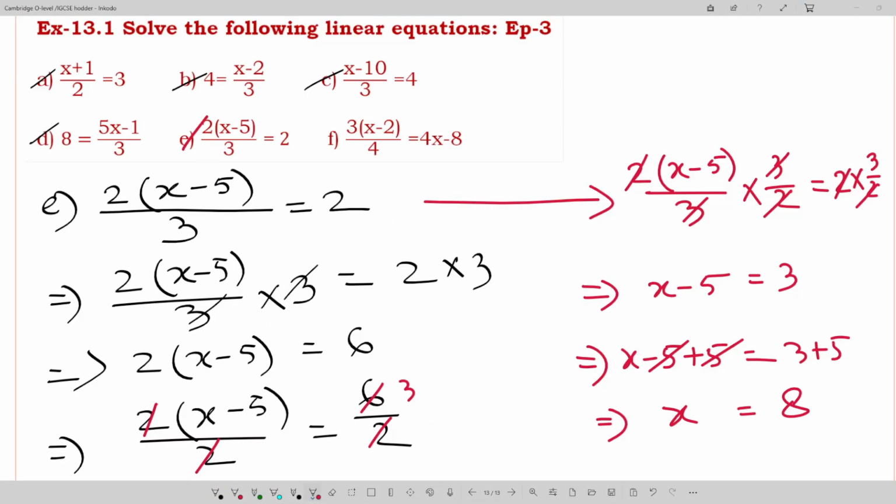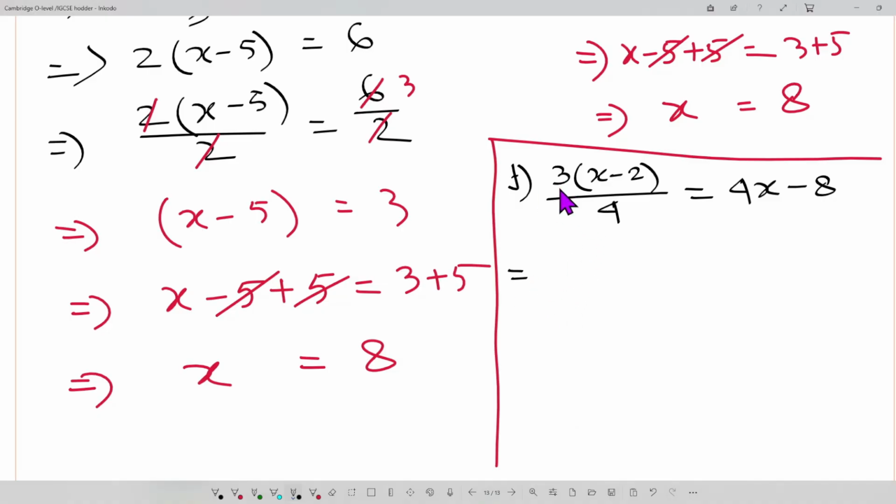Number F. This one, look, we can write 3 times (x minus 2) divided by 4, and we have to cancel this one. How can we implement this one?